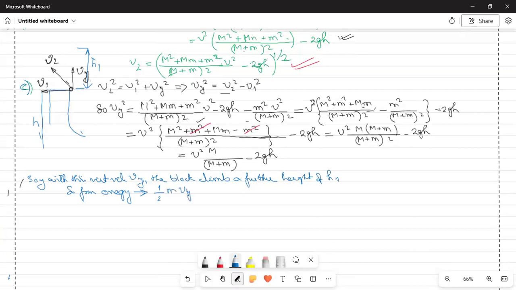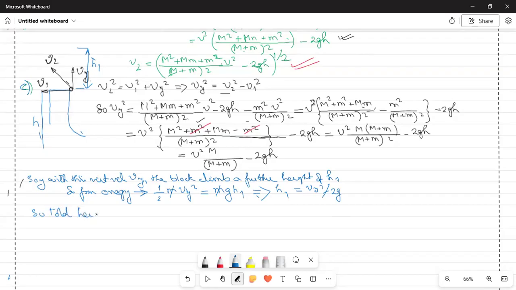With this energy, it has climbed another height h1, so mgh1. From here, we find h1, m gets cancelled, h1 is equal to vy square by 2g.